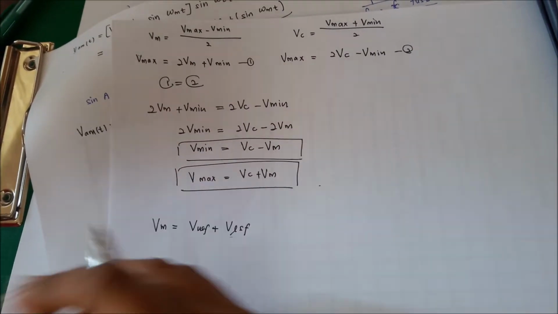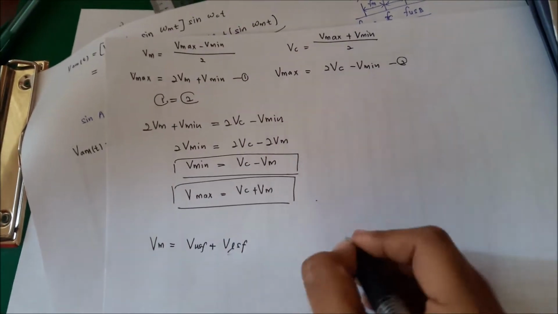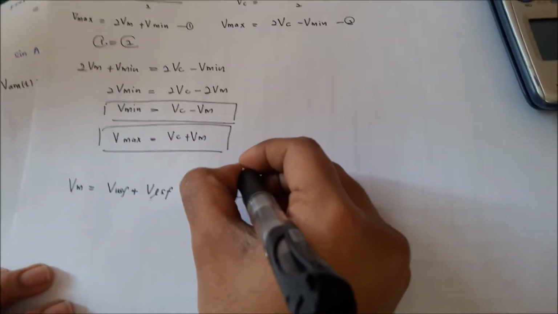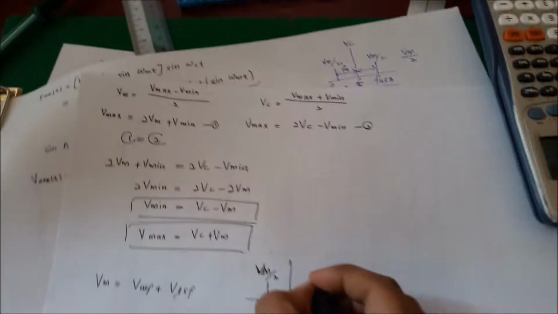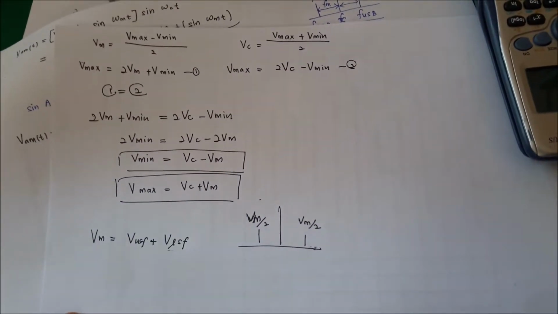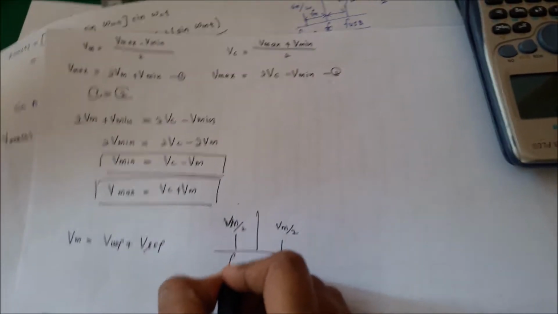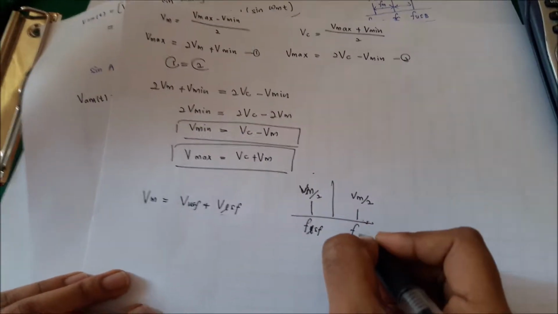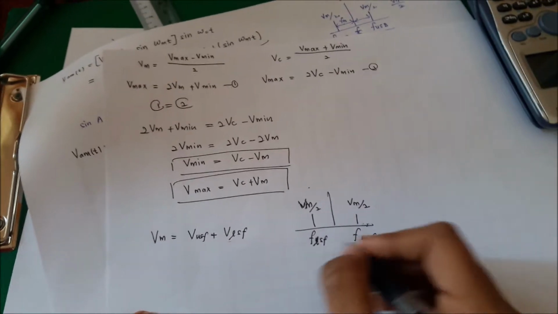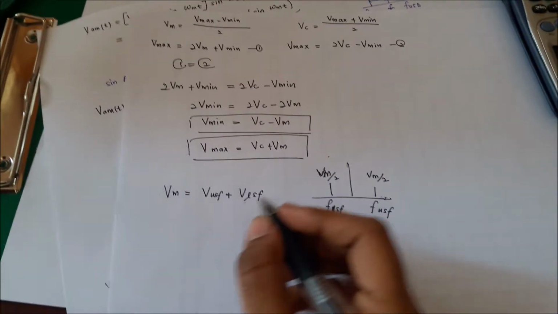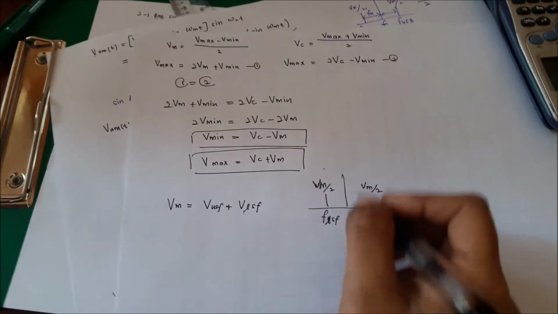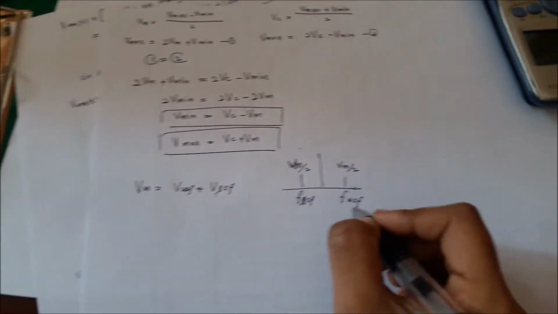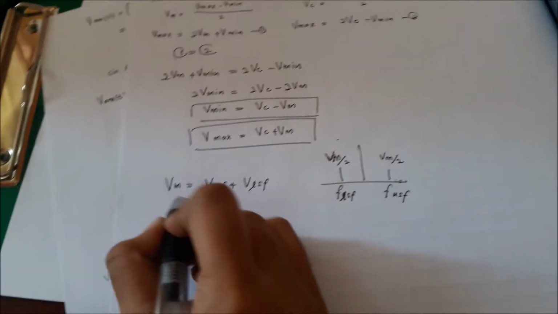So adding the voltage of the lower side frequency and the voltage of the upper side frequency, you'll get your Vm.